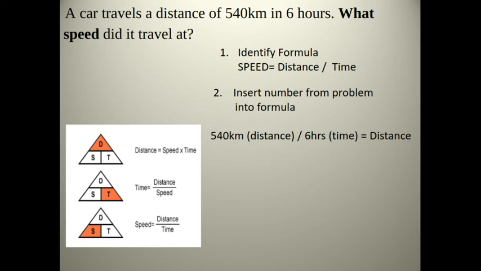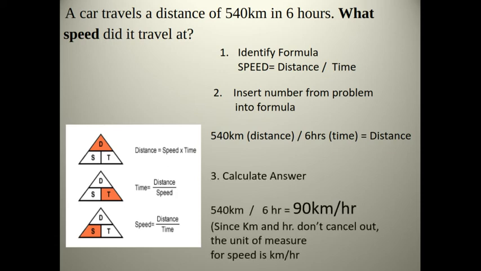You don't need to. I just need you to know how to insert the correct numbers into the formula the right way. So here it's 540 divided by 6, not the other way around. If I did 6 divided by 540, it would give me an incorrect answer. So the correct answer after we calculate is 90 kilometers per hour.